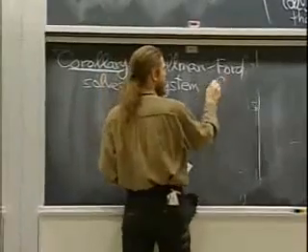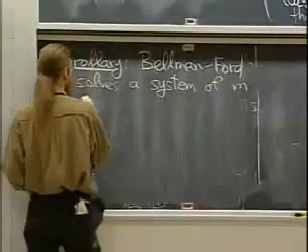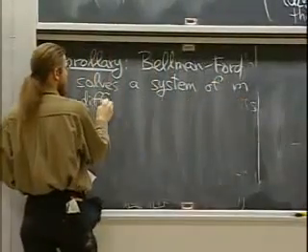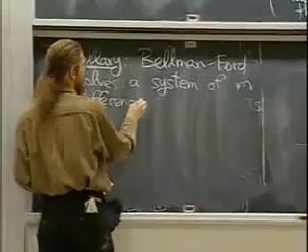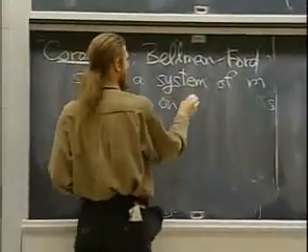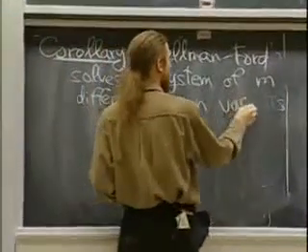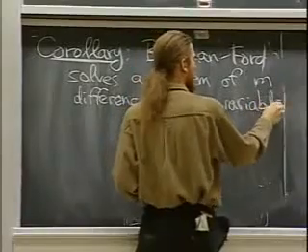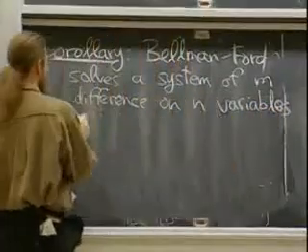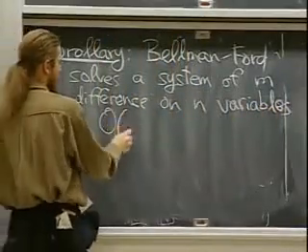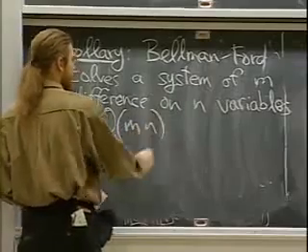So let me put in some numbers here. You have m difference constraints, and you have n variables. And it will solve them in order m times n time.